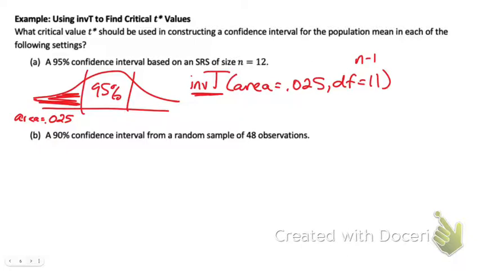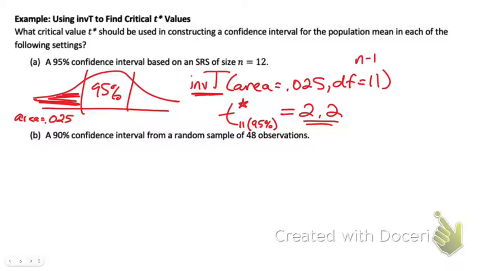And so here is the notation that you can use for what you just found. You found a T star critical value with 11 degrees of freedom and 95% confidence. Kind of a clunky looking notation, but there it is. And what you found that to be was 2.2.